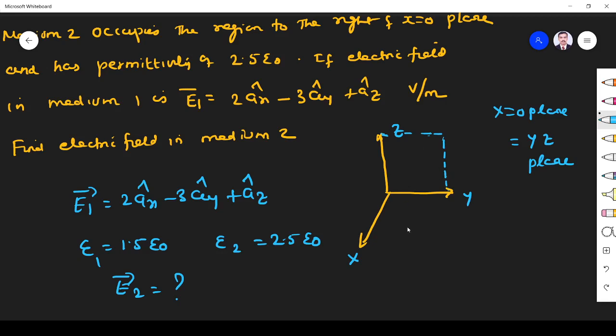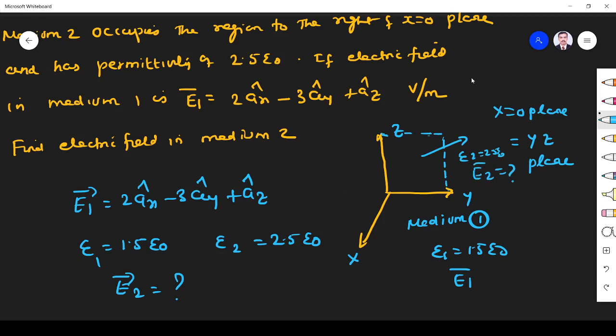So medium 1, epsilon 1 is 1.5 epsilon naught, and E1 is as written here. Inside the screen, epsilon 2 is 2.5 epsilon naught, and E2 we have to find.